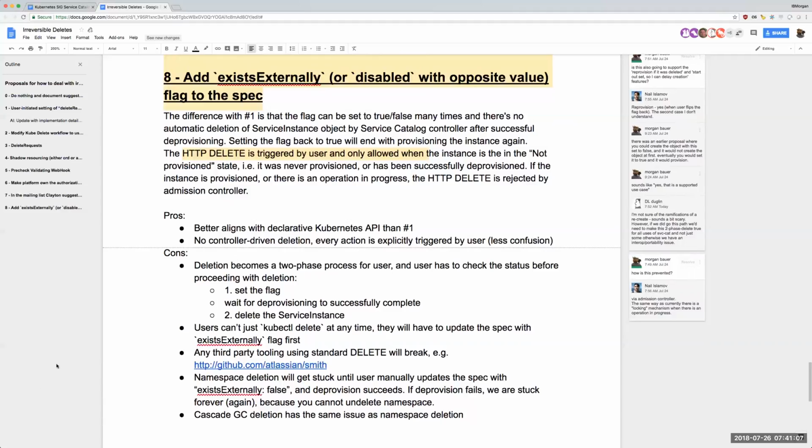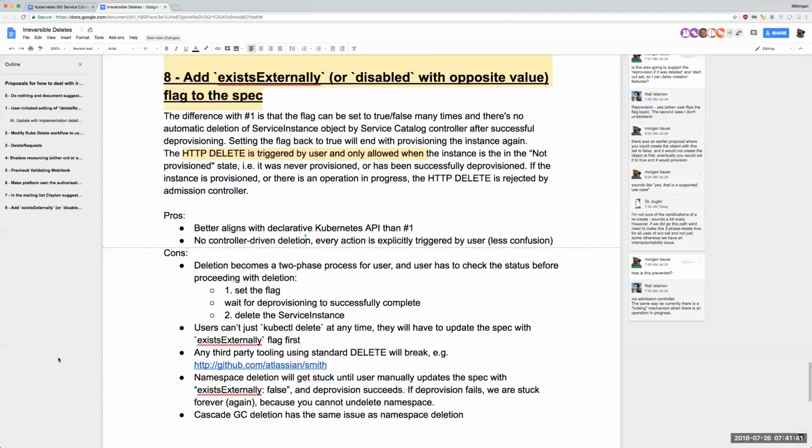You flip the flag, which is what option 1 is, but then instead of us, the controller, processing the delete, we have the user do the delete. Do I have that right? Not just that, actually. With option 8, once you deprovision the instance, for example, you can also flip the flag back and provision it again without deleting. Does it make sense?